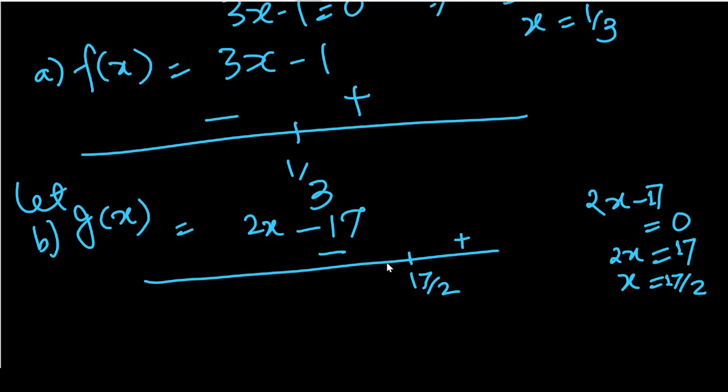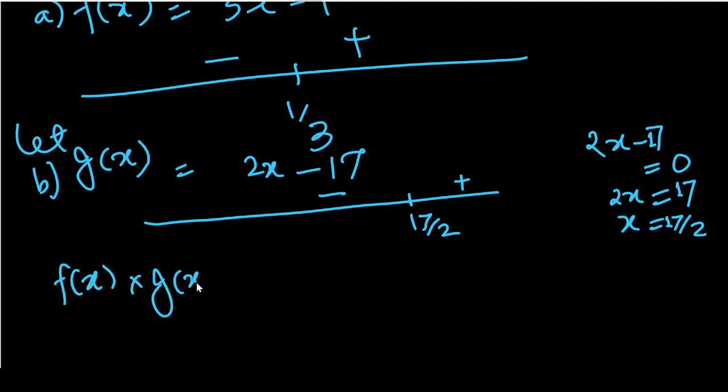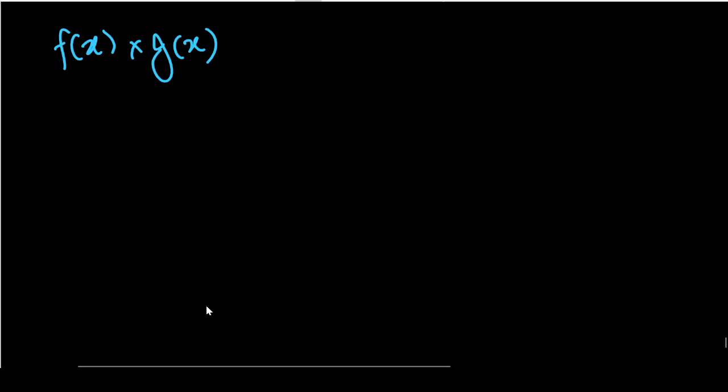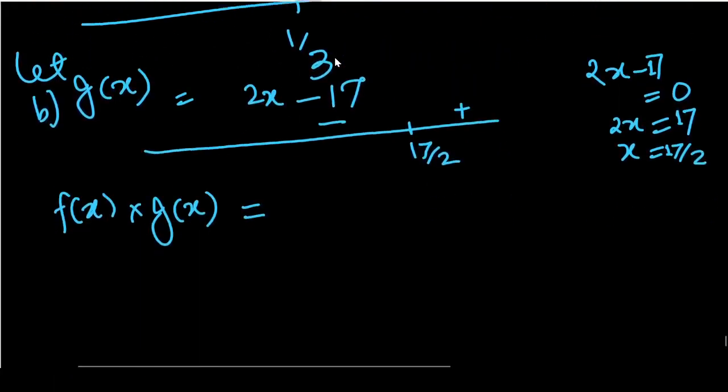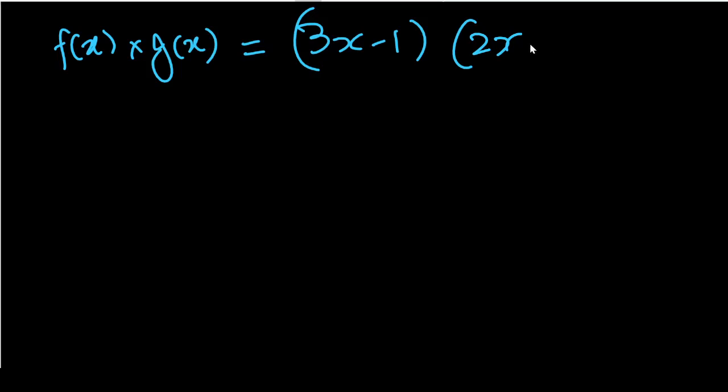Now what if we are interested in finding the product of these two, guys? What I mean to ask is, if I multiply f(x) into g(x), so f(x) into g(x) is 3x minus 1 into 2x minus 17.